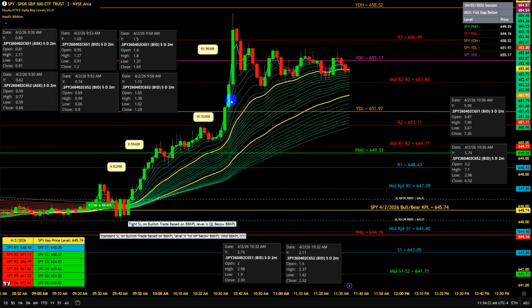So you can see the value of having remaining de-risked runners when you can get a substantial move like this. This is really just a 3-candle move here, which was quite a substantial move. So you can see the value in if you have de-risked remaining runners, what can happen in your favor with those.